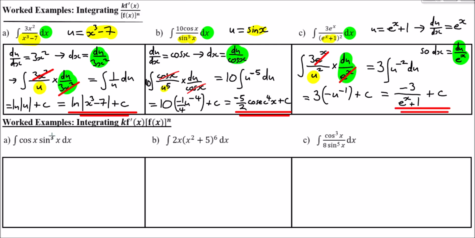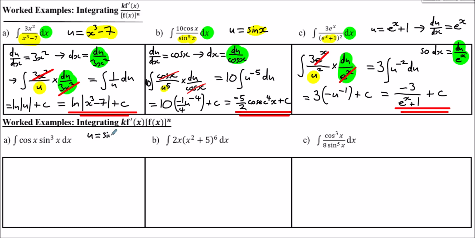These bottom ones are actually slightly simpler, and in fact a is very similar to the example I showed you where you can use just the reverse chain rule. But in this particular case, using u-substitutions, I think it's a bit easier on the brain. So sine differentiates to cos, therefore let's put our u as sine x.